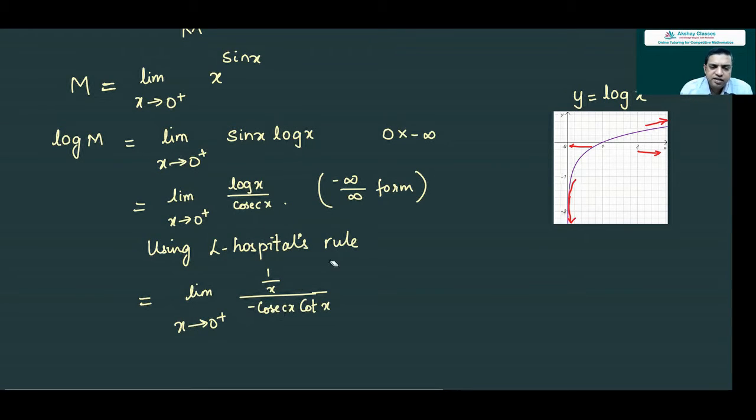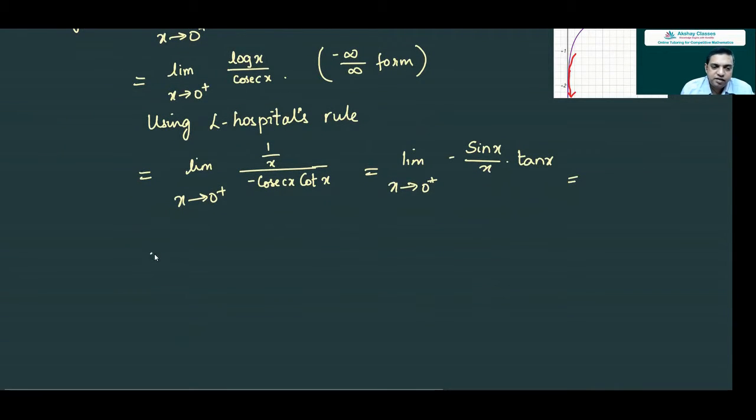So it is sine. So let us write that differently now. Limit x tends to 0 plus, cosecant comes to the numerator, becomes sine. So I get sine x upon x with a minus sign, and reciprocal of cot x is tan x.